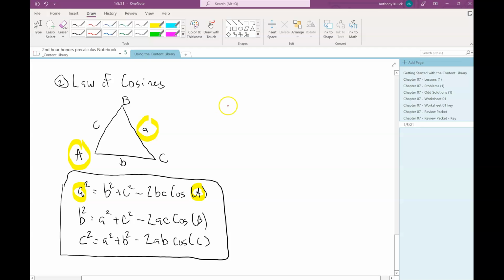So for the law of cosines, we'll do that if we have a side, angle, side situation or a side, side, side situation. I'm going to put a little asterisk on the side, side, side situation, though, because there's a little bit more to it than just the law of cosines. We have to be a little bit careful there because something weird can happen.